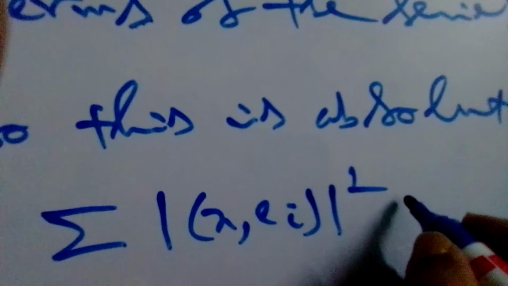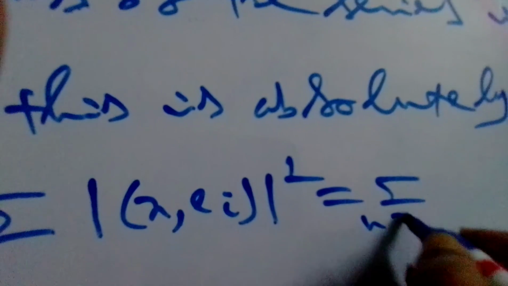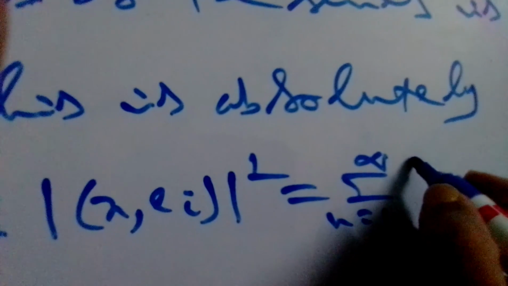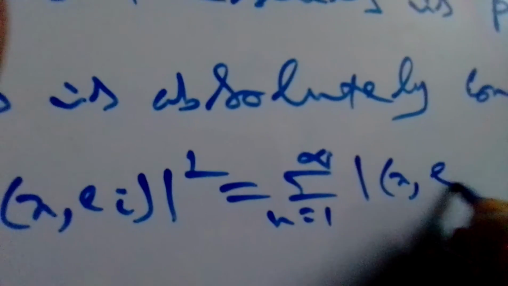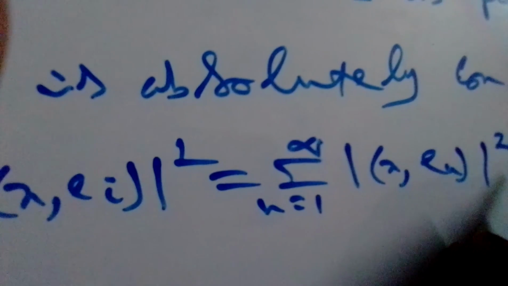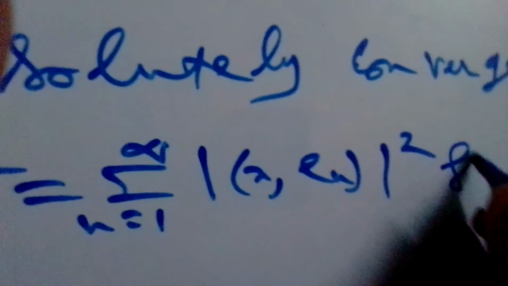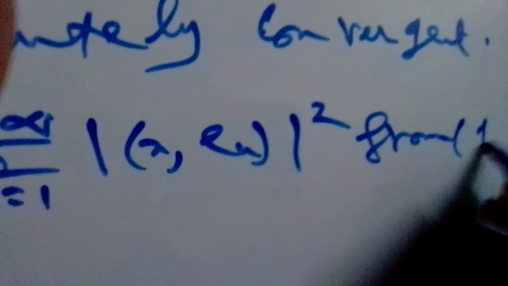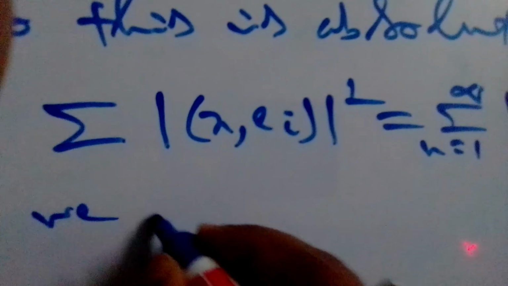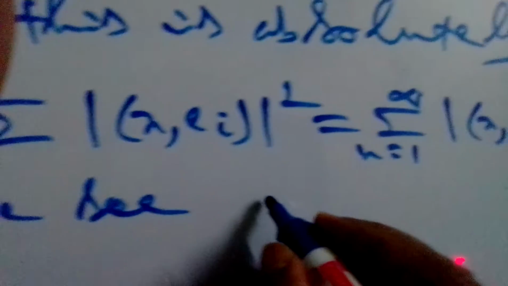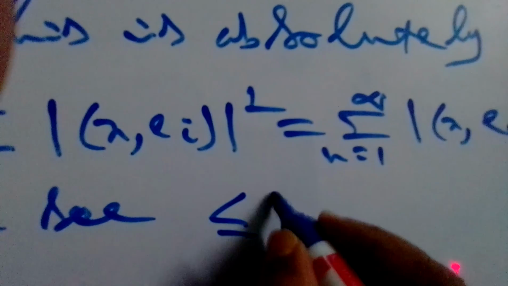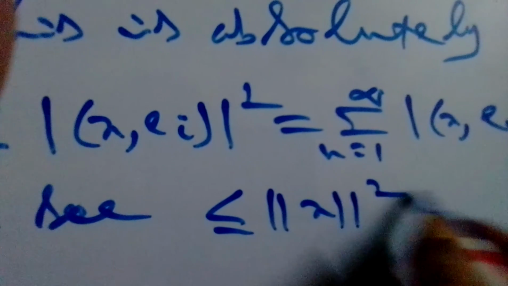By this justification we define the summation of mod of x dot e_i whole square to be equal to the summation n runs from 1 up to infinity of mod of x dot e_n whole square. From 1 we see it is less than or equal to the norm of x square.